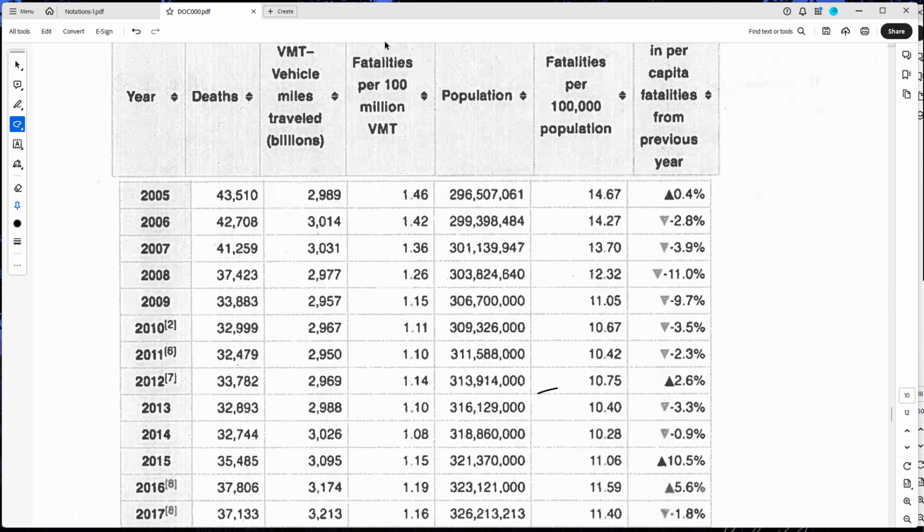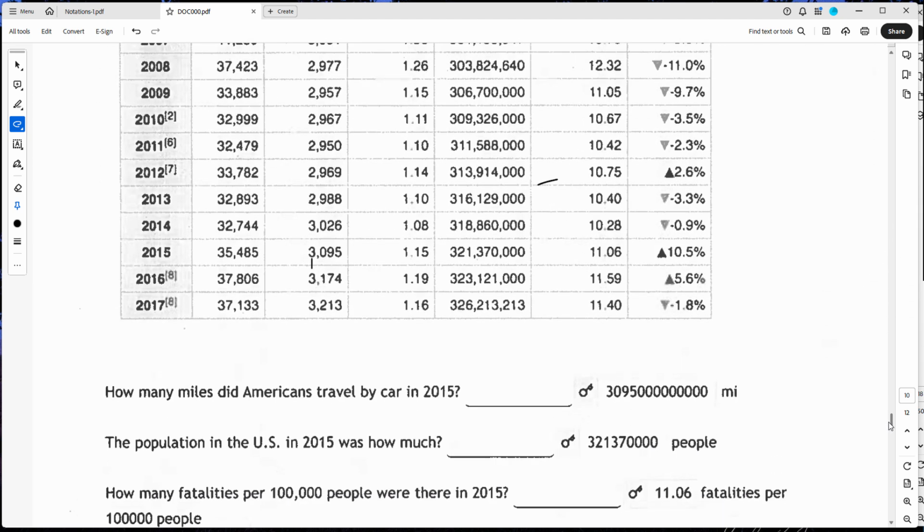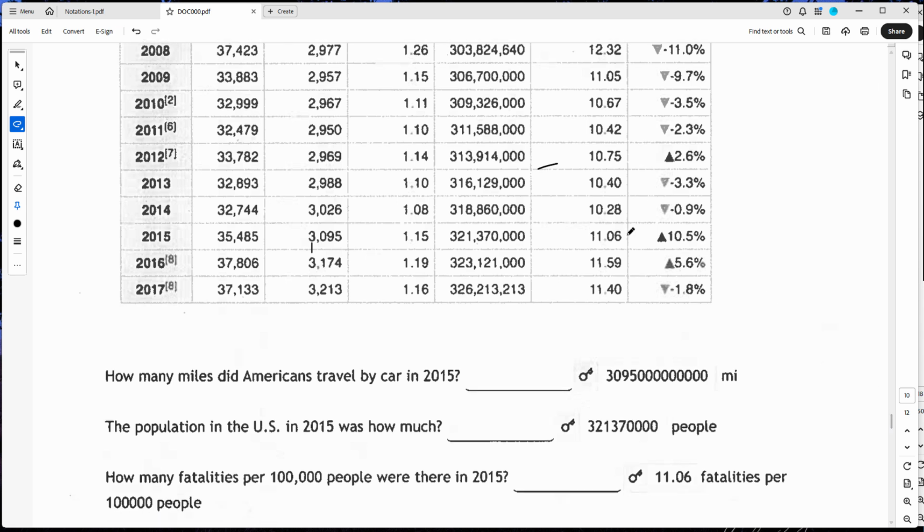Here, vehicle miles traveled. And it gives you how many miles you travel by car. Here, you multiply it by 1 billion, and it gives you a number of miles. Population in 2015 was how much? You can read from the table there.